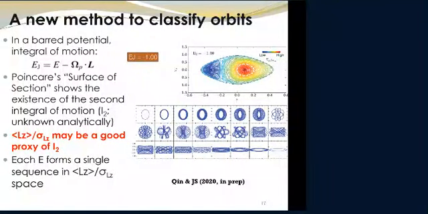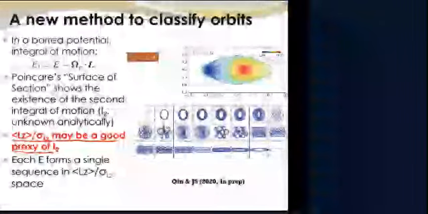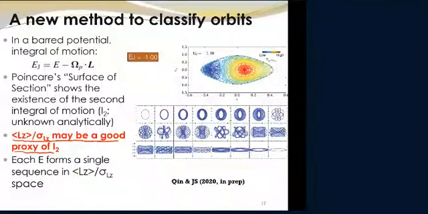So basically we find that in the angular momentum space, as we know, in a rotating frame the angular momentum of stars is not really conserved. The only conserved quantity is the Jacobi constant or Jacobi integral. That's like an energy in the rotating frame.